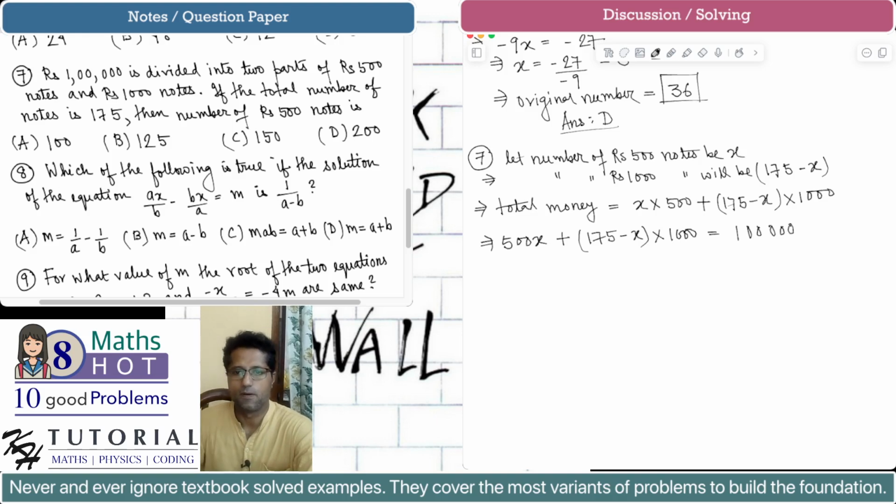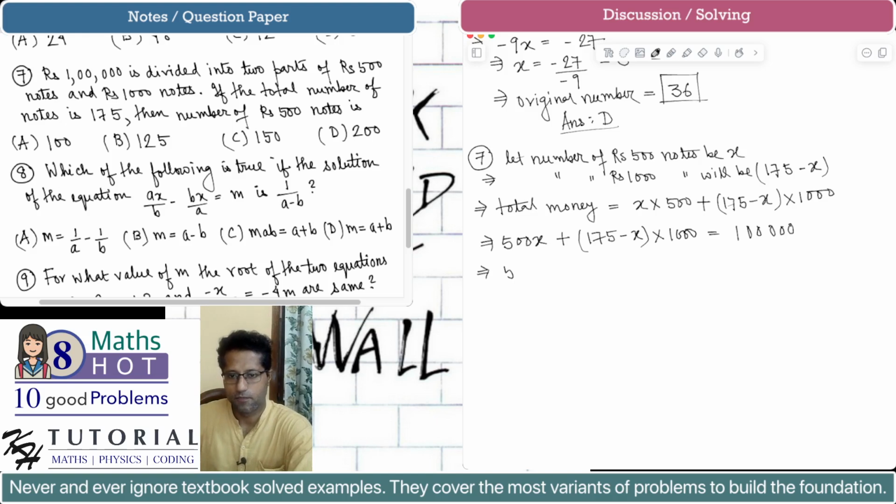Now, if there is a common factor in both the LHS and RHS, you can cancel that common factor from both sides.